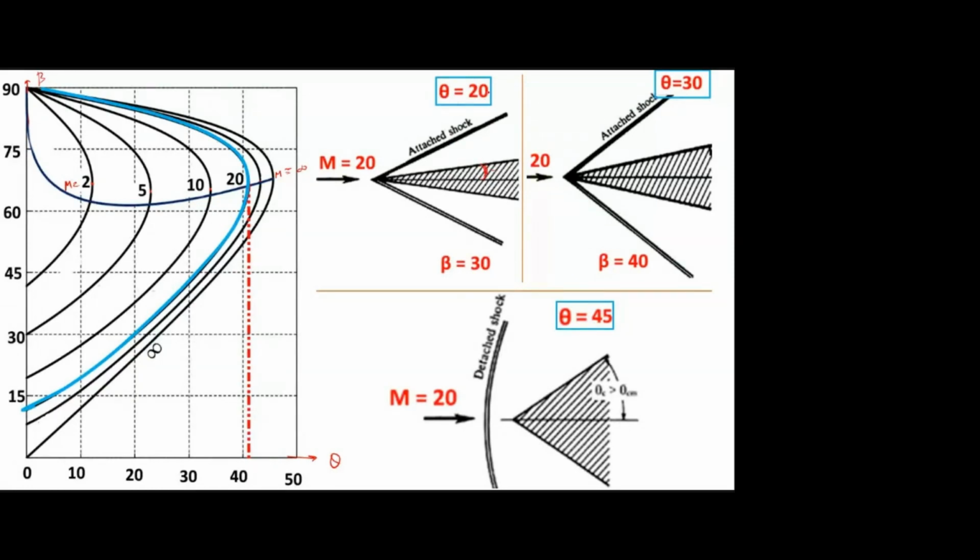In the first case, I have fixed the Mach number and I am only changing theta. Here it is 20, here I increase to 30, then here I increase to 45. For the same Mach number, I keep increasing the half wedge angle to 20, 30, 45, etc. Is that clear?